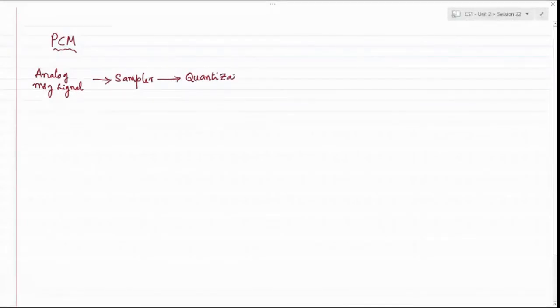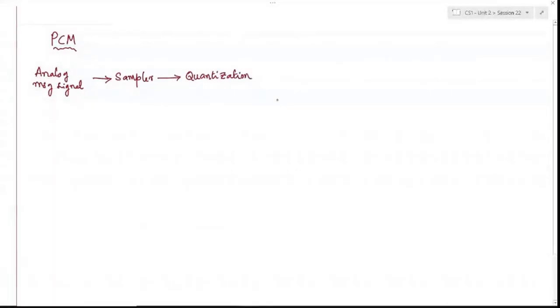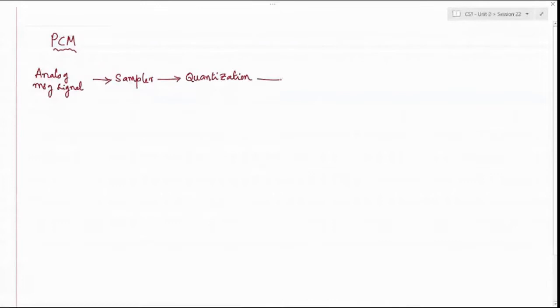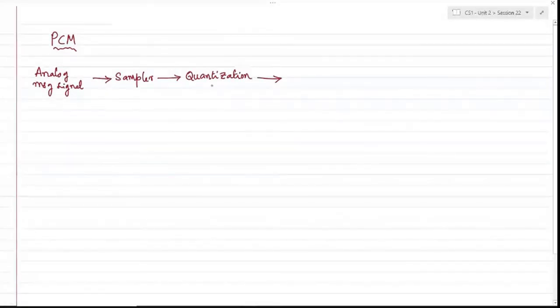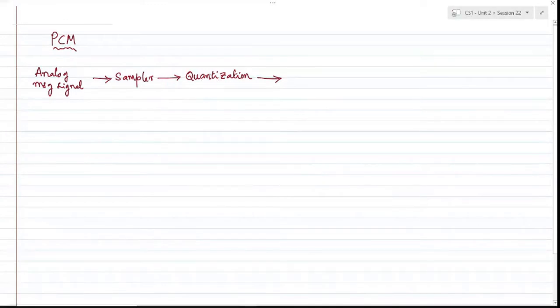the quantization process. And you have seen that quantization comes with two flavors. One is scalar and vector. Obviously we don't know how vector quantization looks like because we will not be covering that part of the theory. In scalar quantization, we specifically look for uniform and non-uniform quantization.